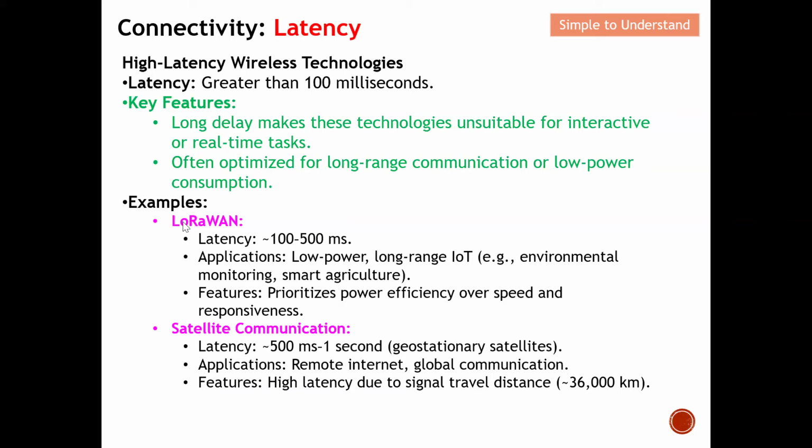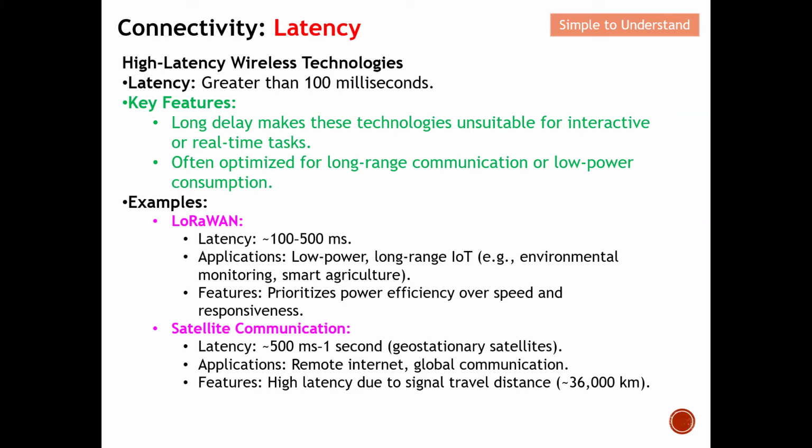For example, LoRa is under this high latency wireless technology. You can see that the latency can be as high as 500 milliseconds. However, the key application is that we are going to have low power and also long range. This is the essential feature of LPWAN, of which LoRa is part.